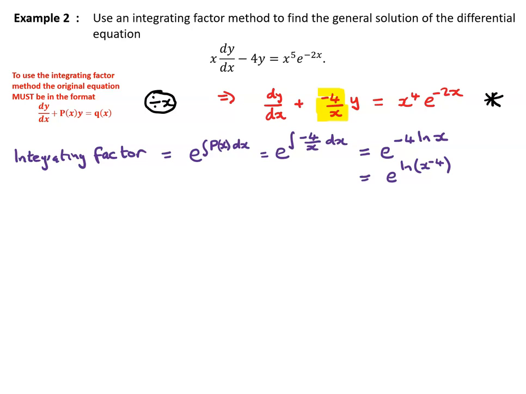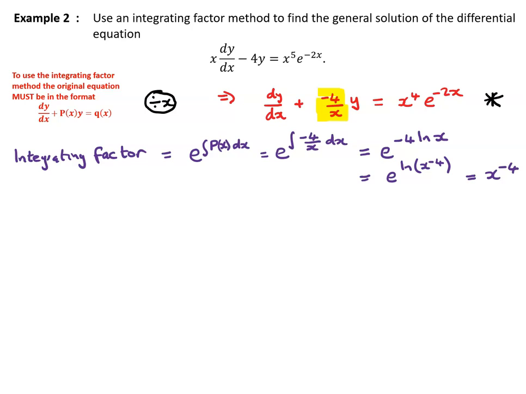And if I take a number, find its logarithm, and then raise e to the power of the answer, I just get back to the original number that I started with. So e to the natural logarithm of x to the minus 4 is just x to the minus 4. So my integrating factor is x to the minus 4.